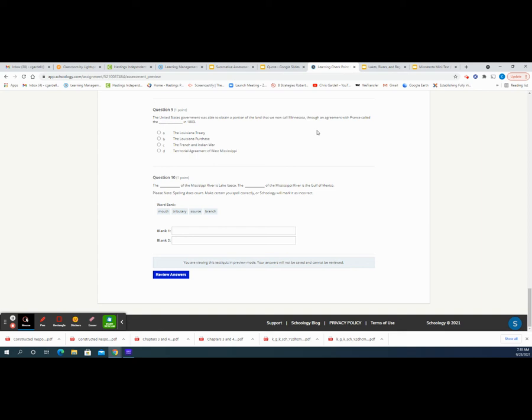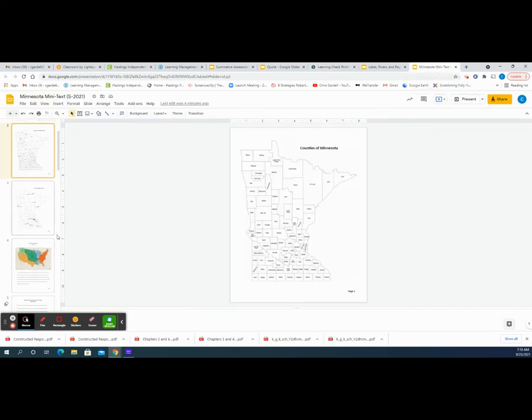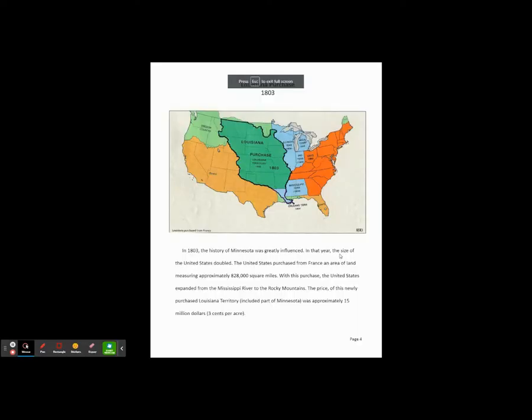The United States government was able to obtain a portion of the land that we now call Minnesota through an agreement with France called the blank in 1803. Okay, well, let's use our Minnesota mini text. Let's scroll to page 4. Skim through this if needed.